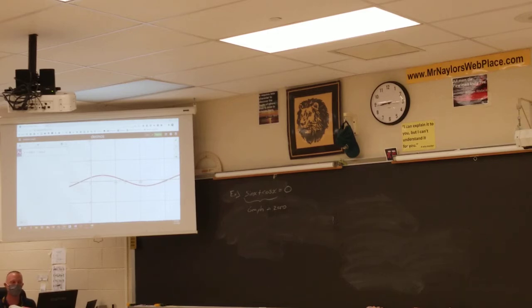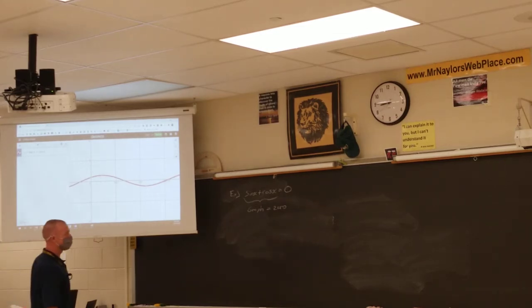It's almost too easy. If you just move your cursor, it's already plotted the x-intercept. It looks like 135 gets the job done. 135 is an x-intercept. And then make sure you get all the x-intercepts, because out here to the right is 315. It already shows those points.